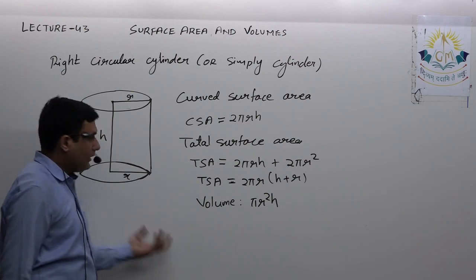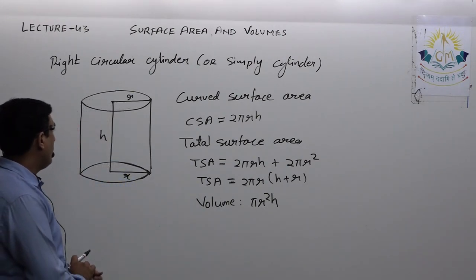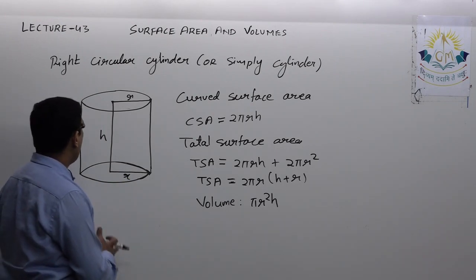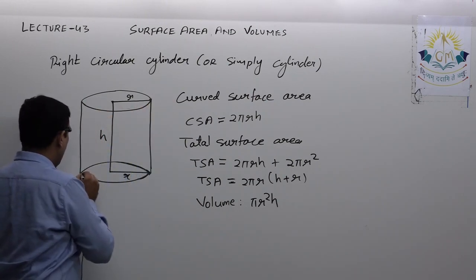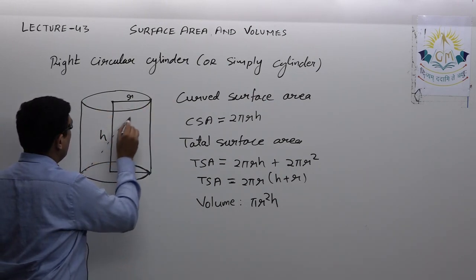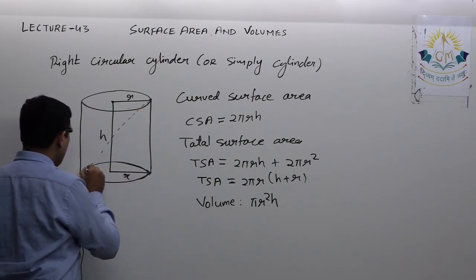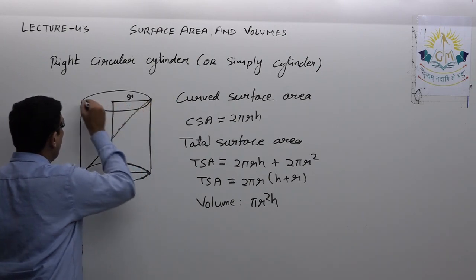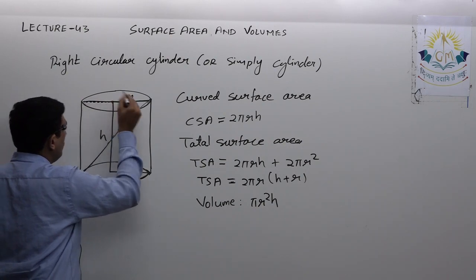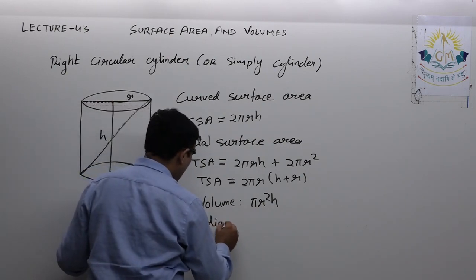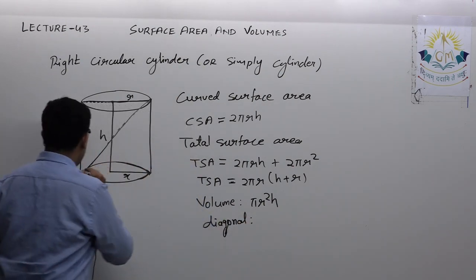Now here again we can find the diagonal. We won't go deep into the diagonal, but definitely if someone asks what will be the longest rod that can be kept inside the cylinder, it is from this end to this end. We can find this easily. This much is r, so this much will be 2r. So if I write diagonal, now this I have to find.